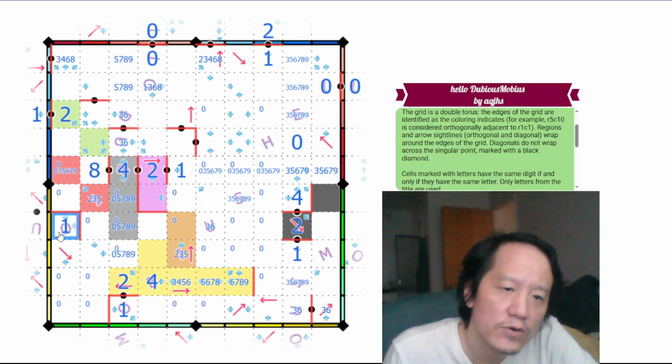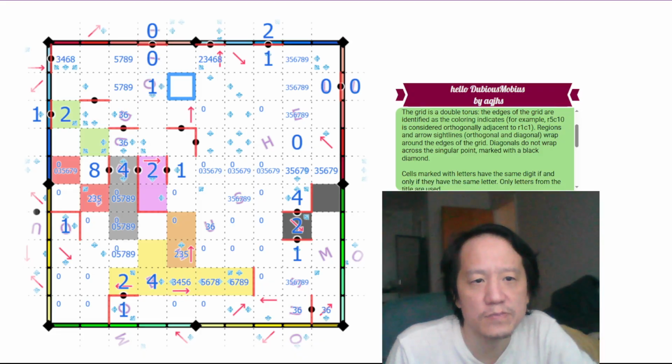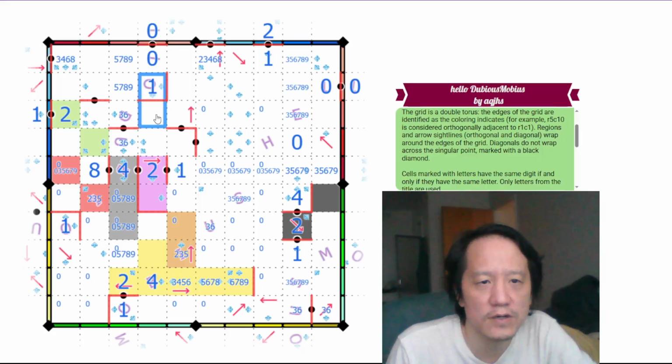Hello, Mobius. So this is 1. So this is 1 also. Which means it cannot be seeing other cells there.